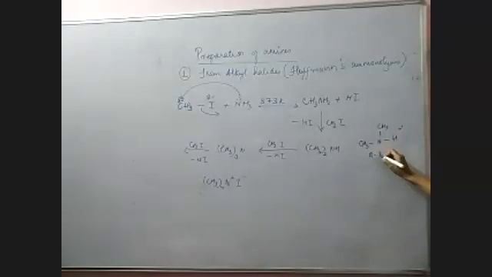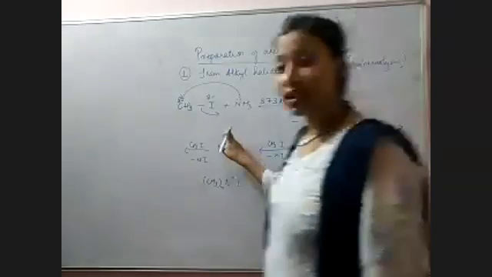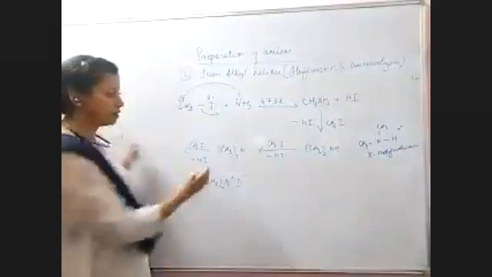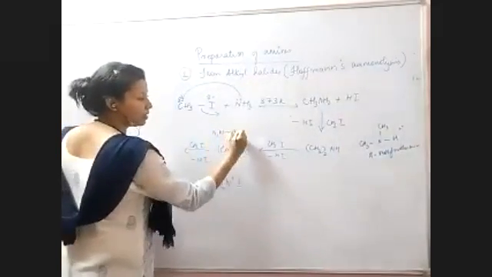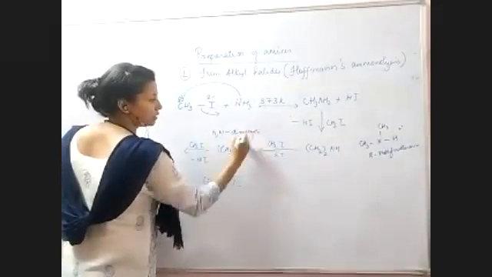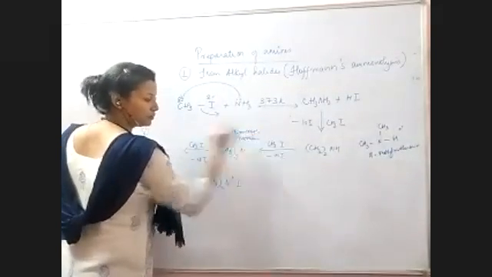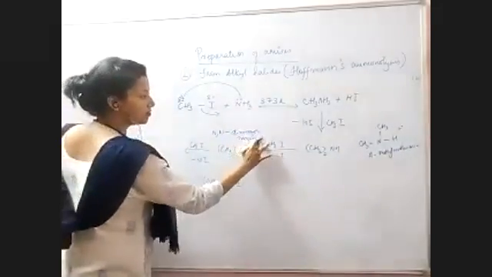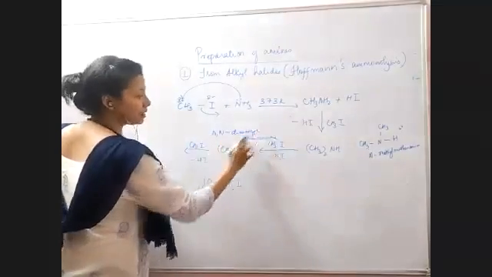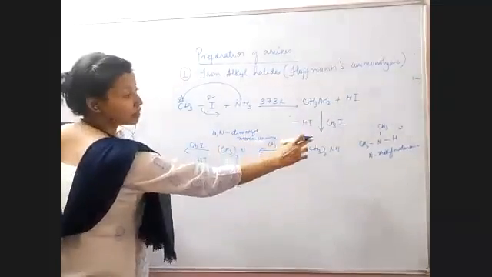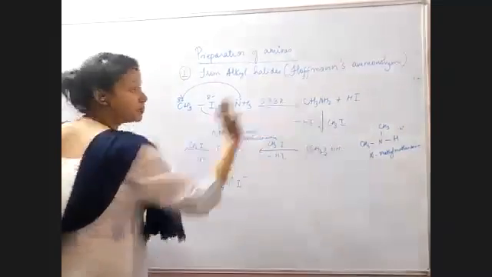So this is N-methylmethanamine. And the last one is N,N-dimethylmethanamine, A-M-I-N-E. That one is secondary, so that is N-methylmethanamine. And this one is simply methanamine. Is that okay?